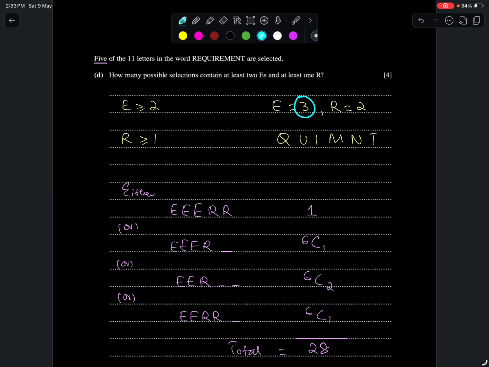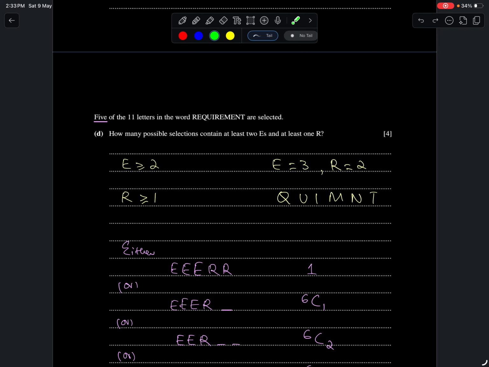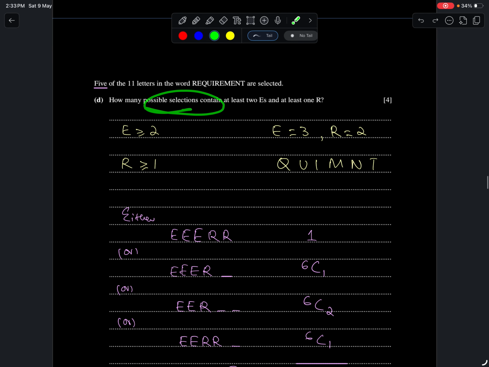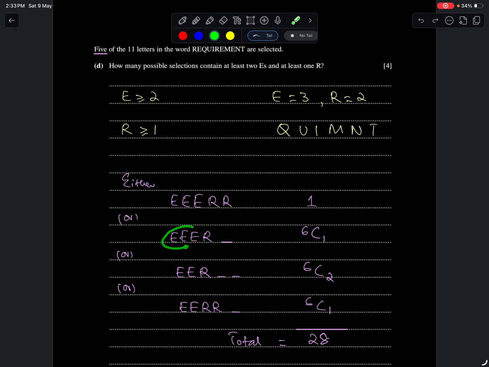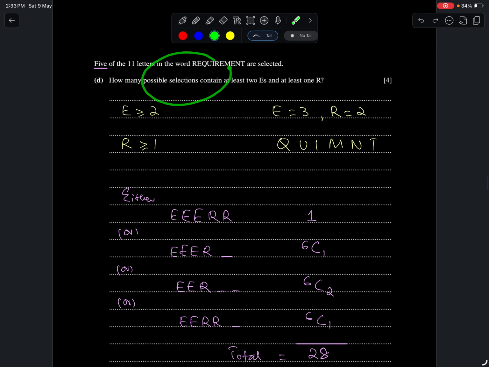See, 3 E's. I'm not writing 3C2 here for this. So for just unique selections, only for selections, not probability, don't use C for identical objects. Never. We have 2 R's. I'm not writing 2C1 here because this question is only for selections, not probability.